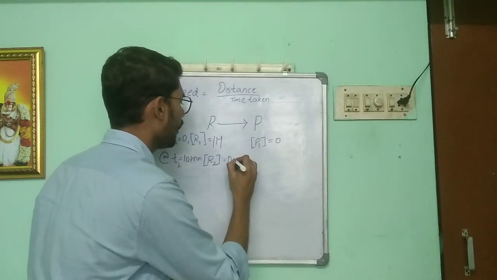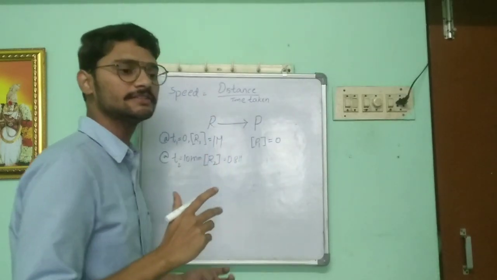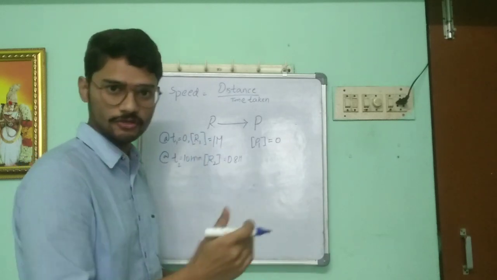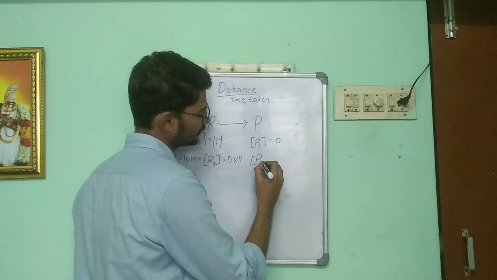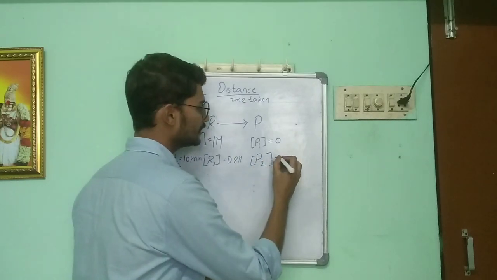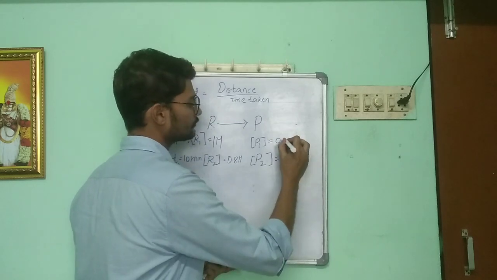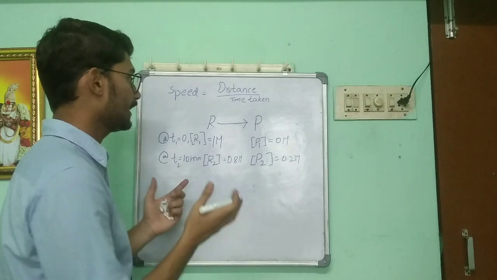Let us say it has become 0.8 molar. Since this has decreased and some product has also formed, the concentration of product at time T equals 10 minutes, I am taking it as 0.2 molar. At the start it is 0 molar.